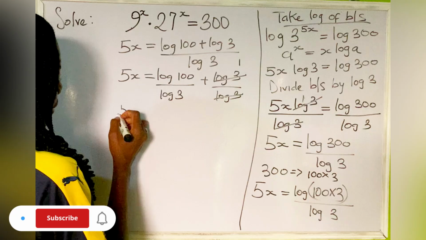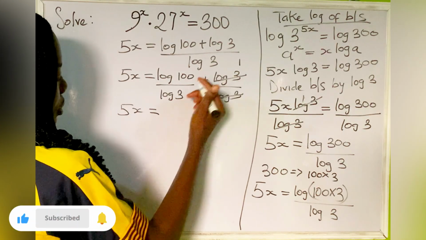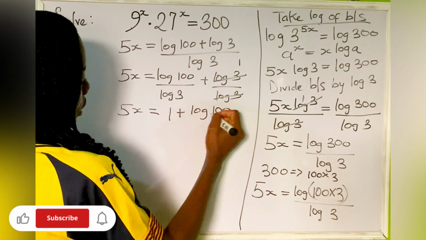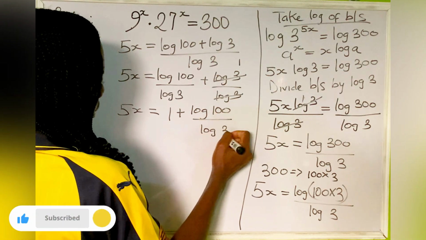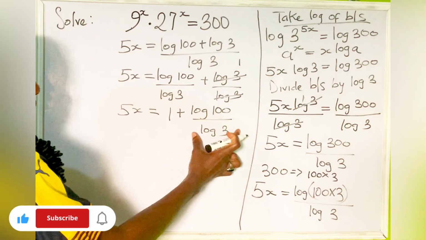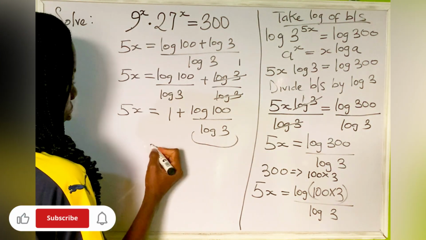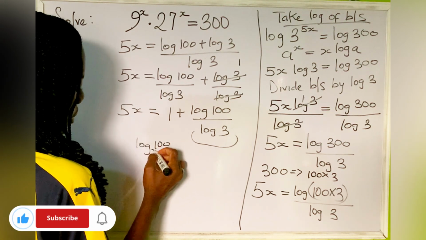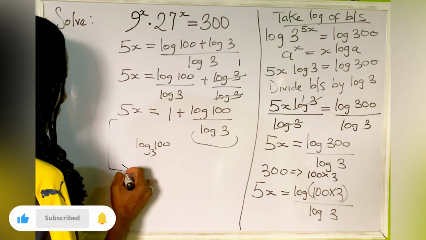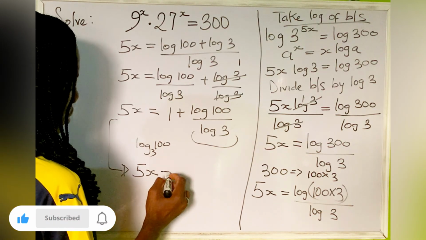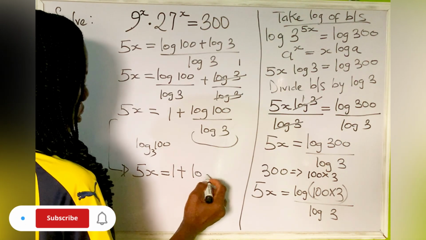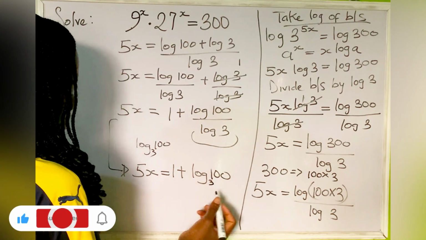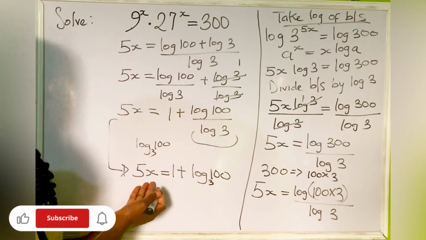So that is 5x is equal to, I like to bring the number first, 1 plus log 100 over log 3. So if you want to do a change of base for this part, that will be log 100 base 3. So we can rewrite this as 5x is equal to 1 plus log 100 base 3. This is the value of 5x.